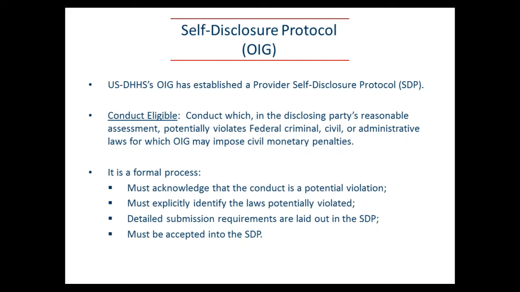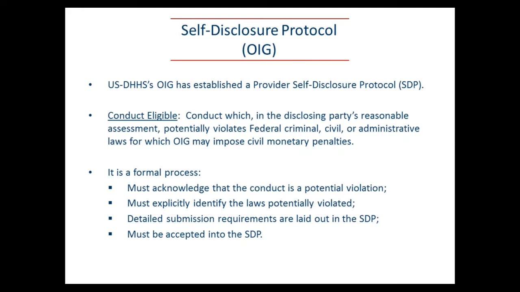Years ago, some lawyers, I won't mention names, would send a letter to the OIG saying something like, hey, you know, this issue has occurred. We think it probably isn't an issue, but you may disagree, so we're disclosing it to you. The OIG has put an end to that.